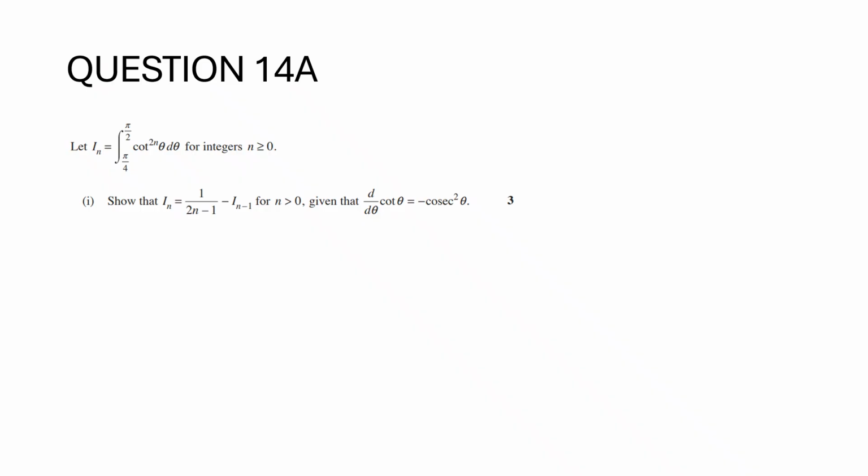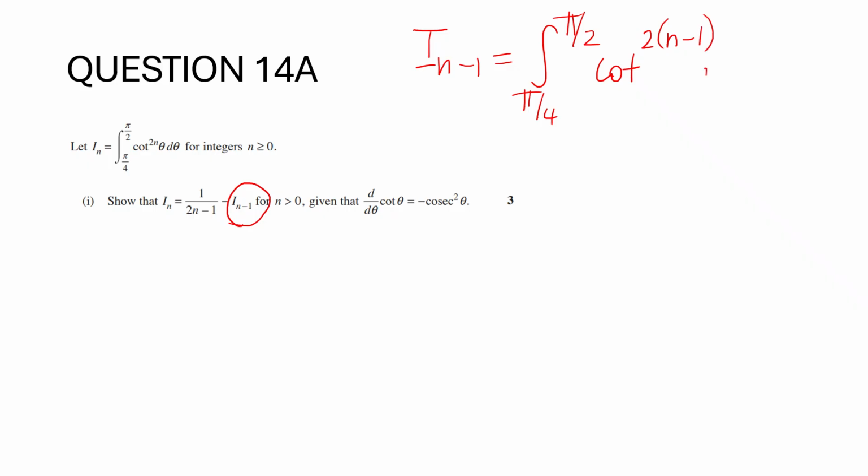So I always like to start with questions like this by writing out, in this case, what I_(n-1) is, because that might give me a clue of what I want to do. So I_(n-1) is the integral between pi on 4 and pi on 2 of cot to the power of 2 brackets n minus 1 theta d theta, and that of course is equal to 2n minus 2.